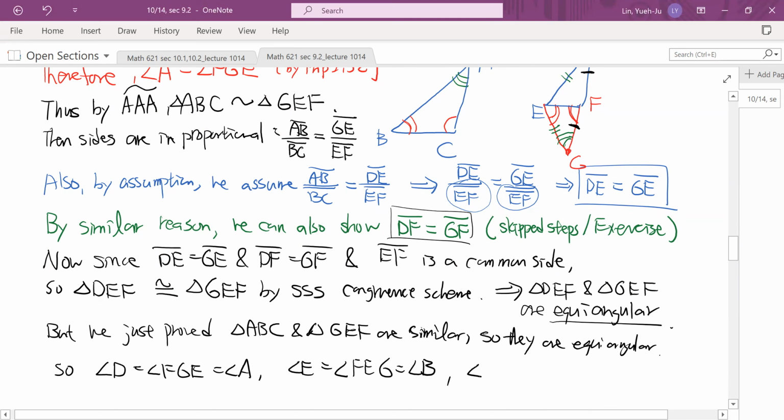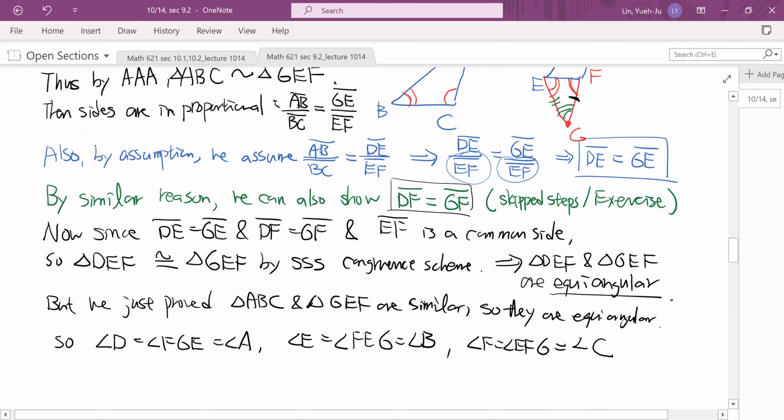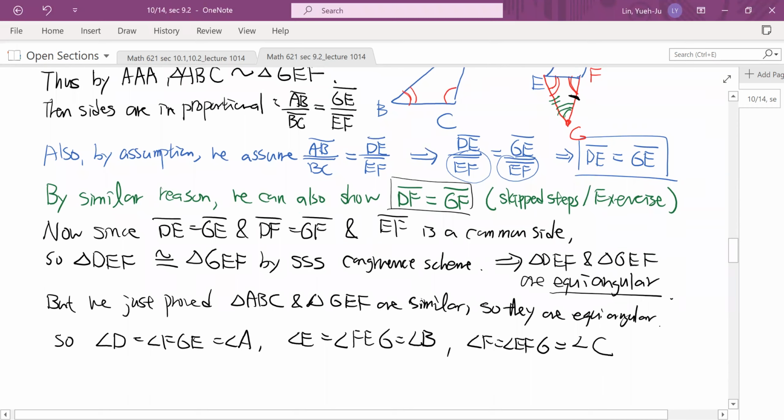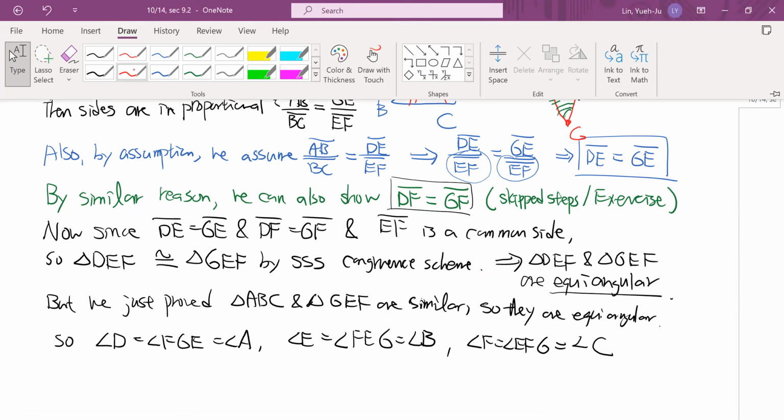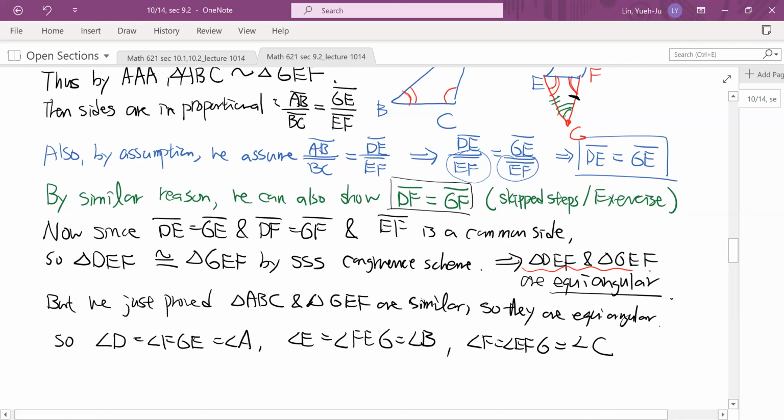Right, so we have this. Okay, so then that's it, right? So we are essentially done. The conclusion is you have DEF and GEF, they're congruent triangles, so they have the corresponding angles equal. But we also have triangle ABC and GEF similar, right? So they're equiangular.